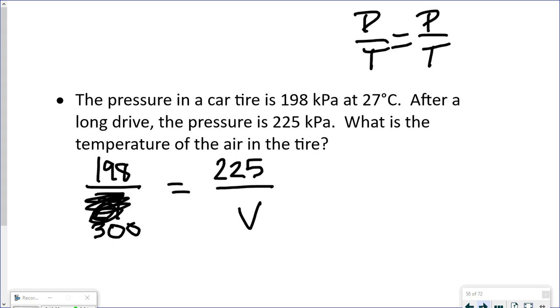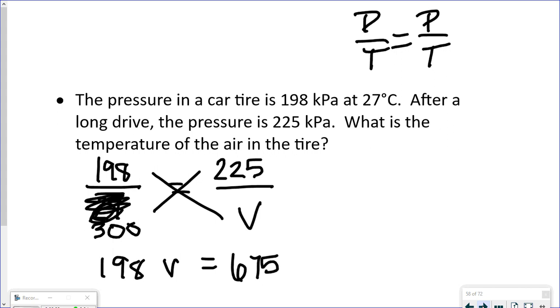So I'd say, okay, we have 198 times temperature is equal to 225 times 300, which is 67,500, and divide by 198.